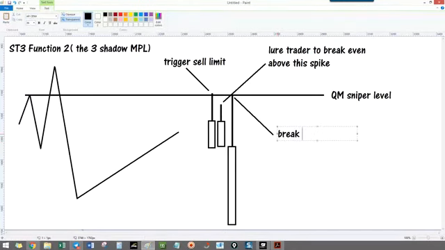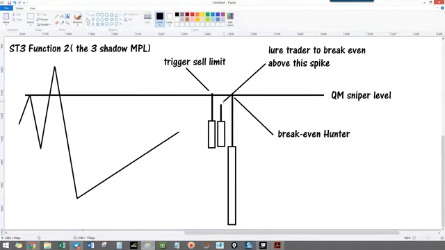Even break even hunter. Okay. And then your break even got stopped out, and then price just went down. Okay. Making you only profit a minimum amount. Okay.